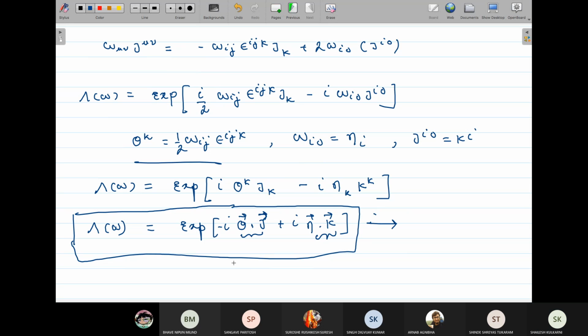Right. So I'll stop here. And then in the next class we will redefine that M and N type generators, and we'll see how the Lorentz algebra is broken up into two parts, two decoupled parts.